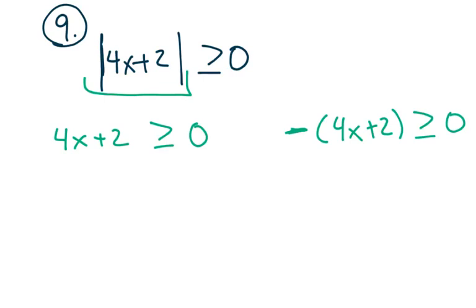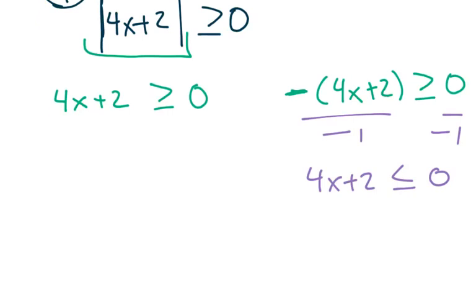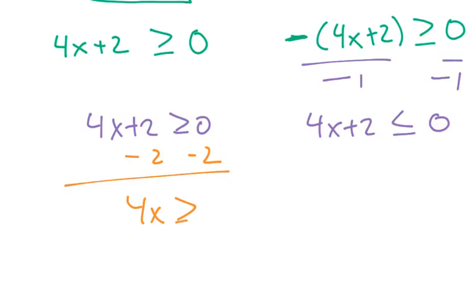And when I divide through by negative 1, that would flip the inequality, and this would become 0. Okay, so these are my two scenarios, and I'm just going to rewrite the other one. And we'll just go through and solve it. Do the same thing on the other side.